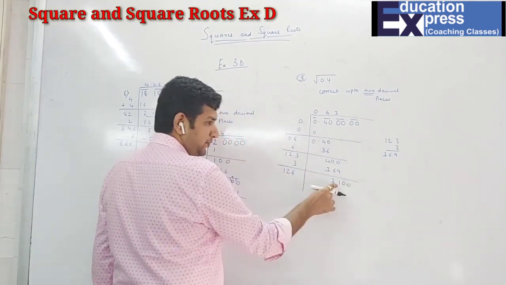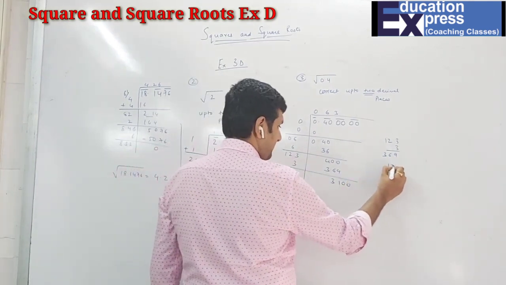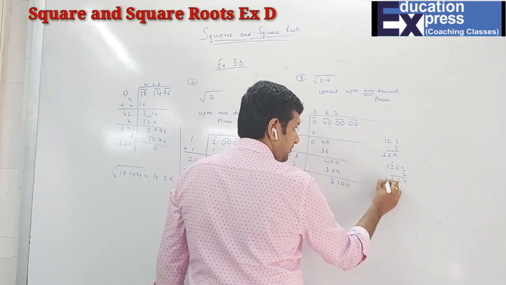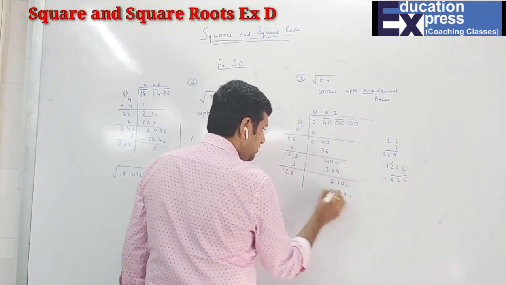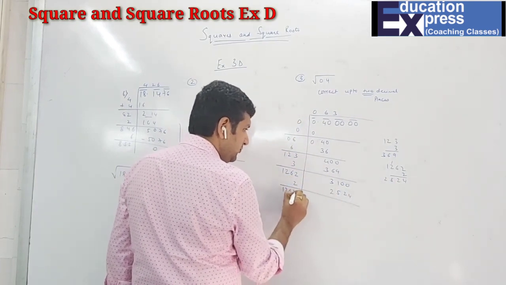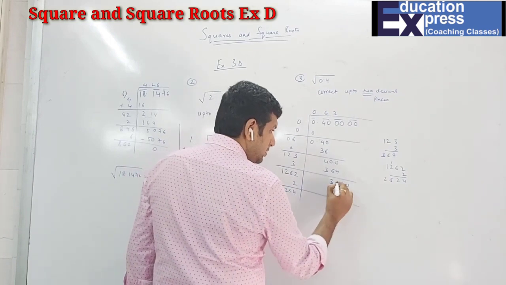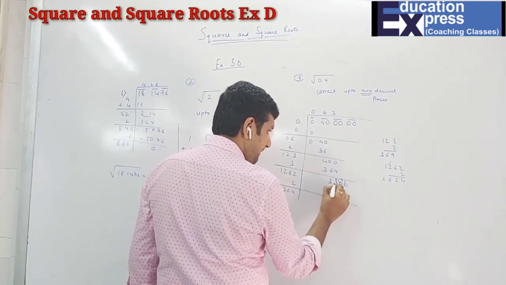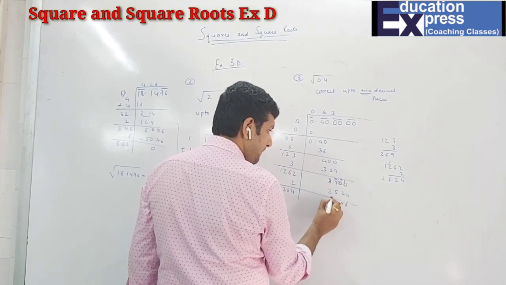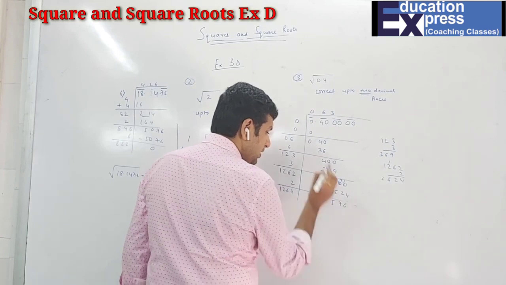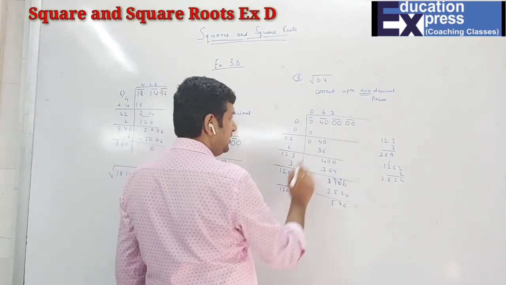So 12, 2 sum 24. 2, 5, 2, 4, 2 sum 1, 2, 6, 4. 576. Definitely next 2s are.